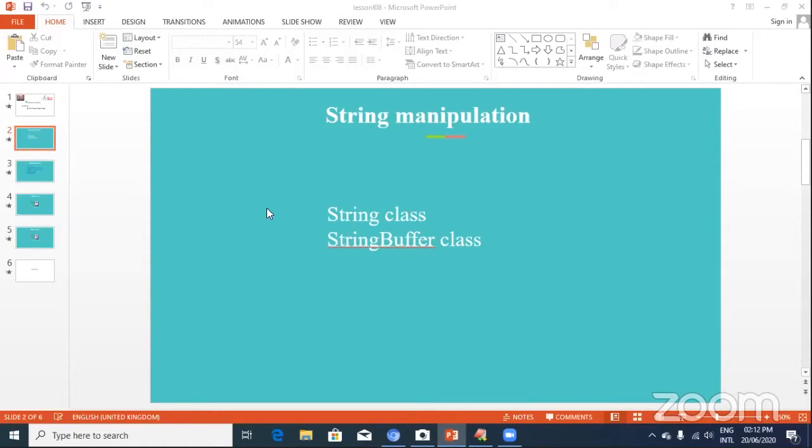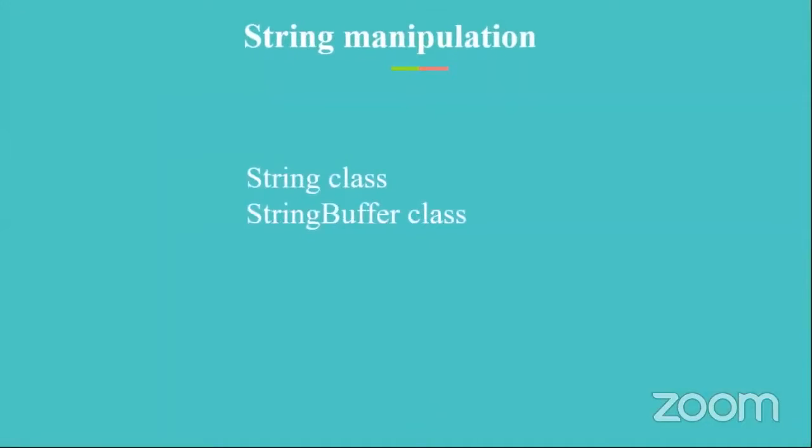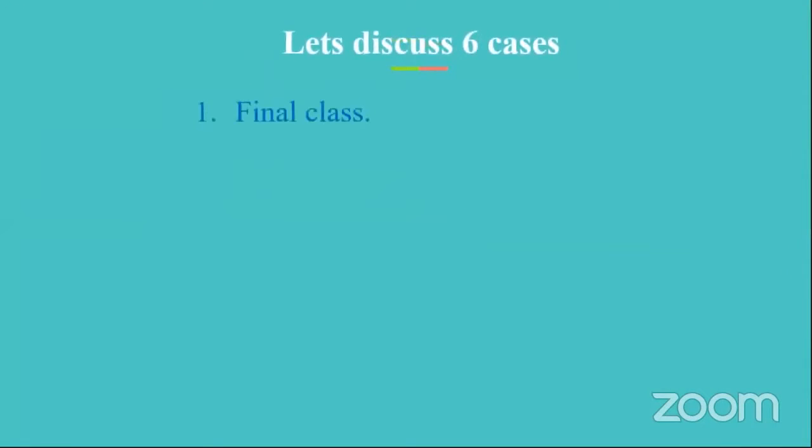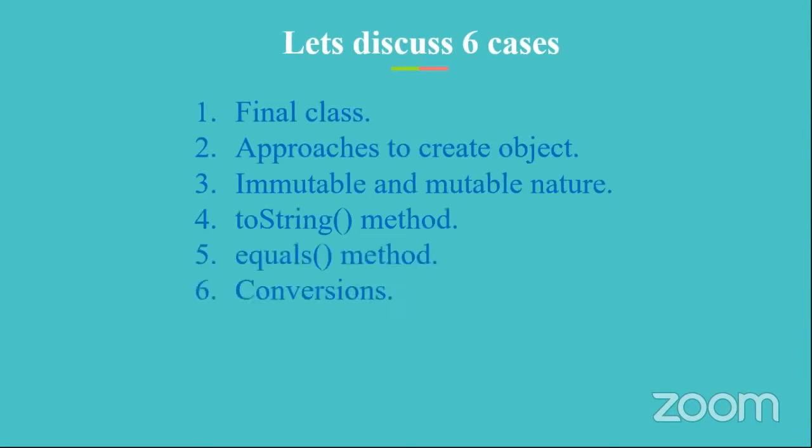Under this string manipulation, we are going to discuss six cases. We are going to discuss the final class, then approaches to create an object with a string, and we also discuss the immutable and mutable nature of the string classes and the string object.